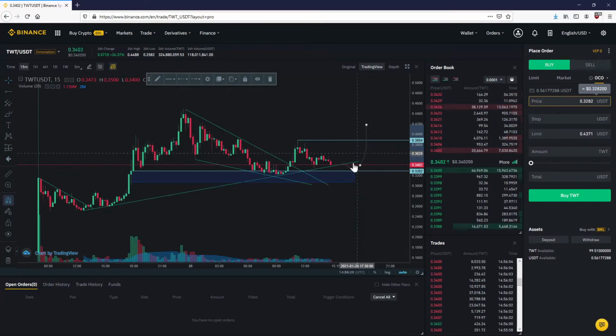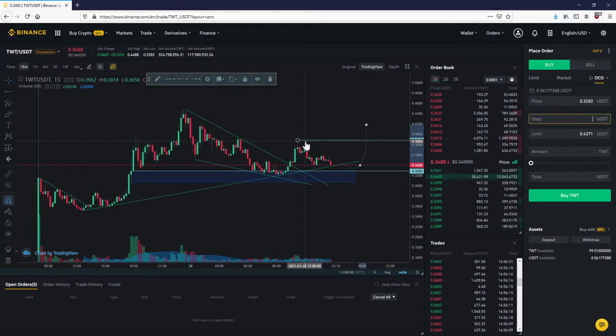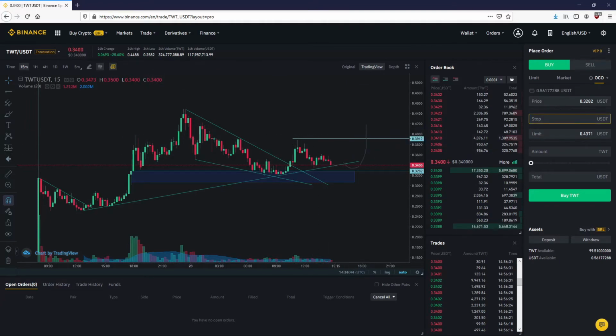And the other order, in order to be filled in this trade, in case you do not get filled at this particular point, is as a breakout trader. If price breaks this resistance to the upside, then you want to be filled along with it. So your stop will be the moment this price breaks, maybe just a few sats above it, then that will be 0.3912.